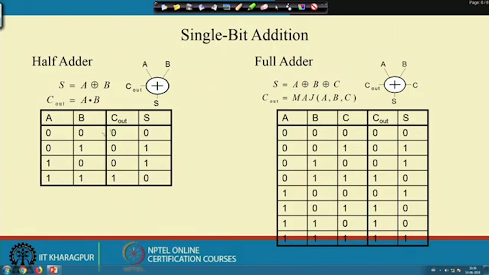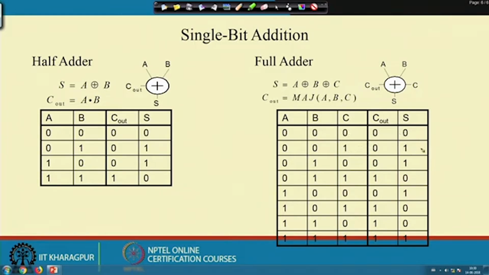For A and B equal to 0 0, I can have carry in values 0 and 1. What will be the corresponding sum and C out?